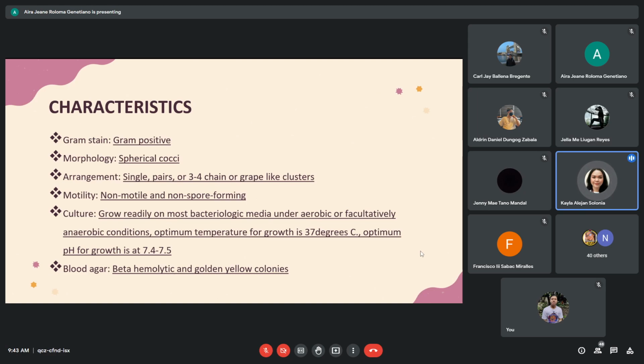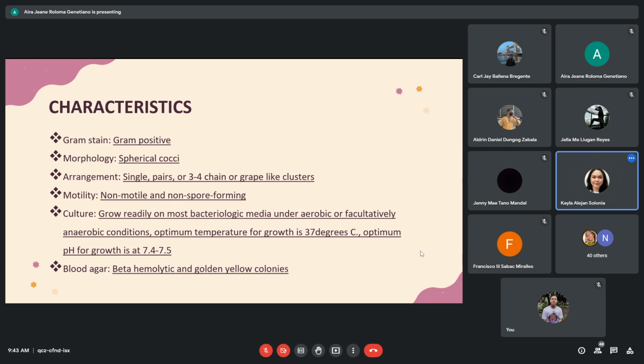It grows readily on most bacteriologic media under aerobic or facultatively anaerobic conditions. Its optimum temperature for growth is 37 degrees Celsius. Its optimum pH for growth is 7.4 to 7.5.